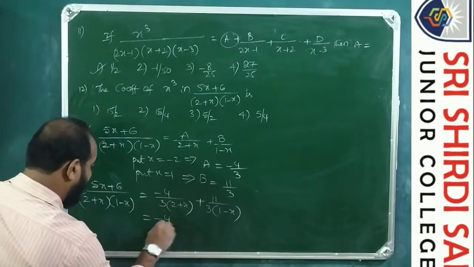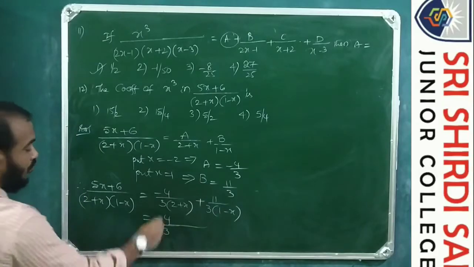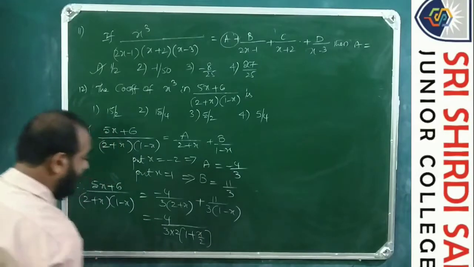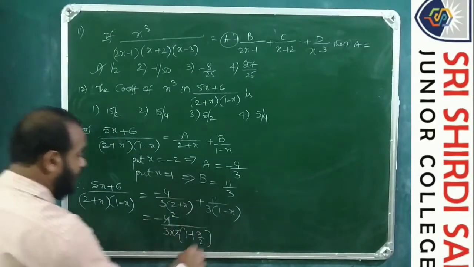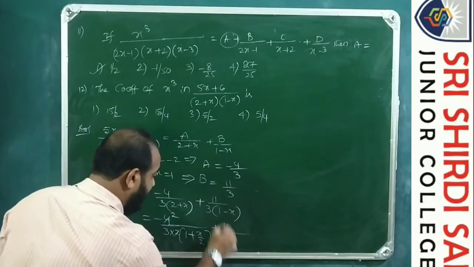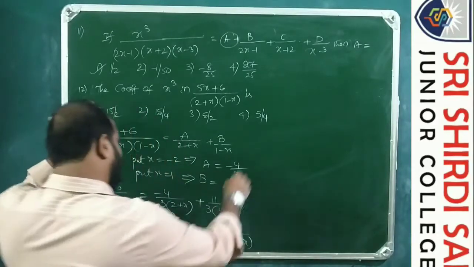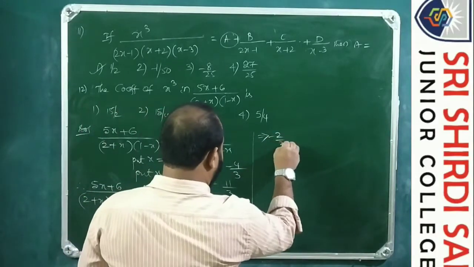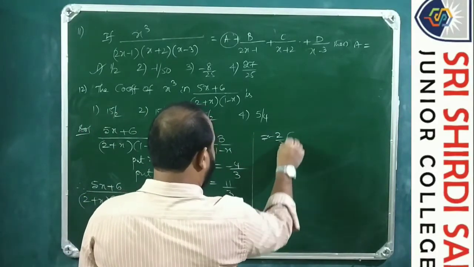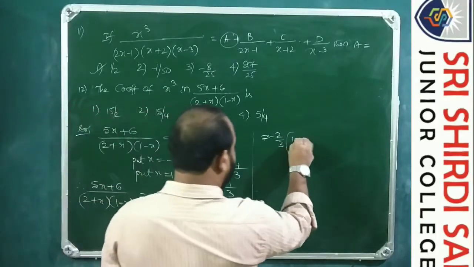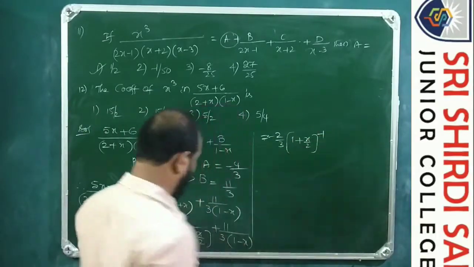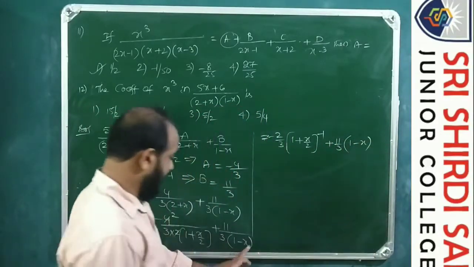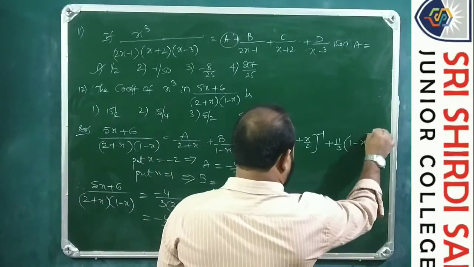So this is minus 4 by 3 into this 2 plus x, take 2 in common, then (1 plus x by 2), so 2 times, plus 11 by 3, this is (1 minus x). So this is equal to minus 2 by 3 into (1 plus x by 2) whole power minus 1, plus 11 by 3 into (1 minus x) whole power minus 1.